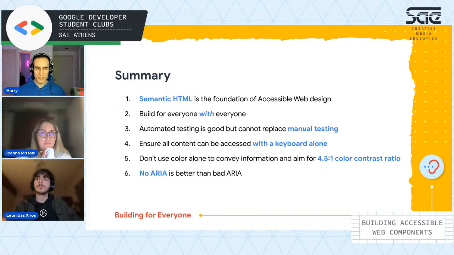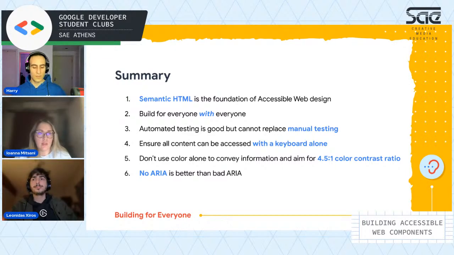Sorry, can you repeat again? Yes, of course. We are here in Google Developer Student Club. We are new designers and developers. So, what would you suggest to us on how to manage the accessibility in the apps and the websites that we are going to design and implement?